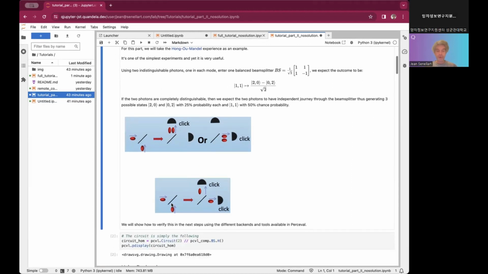If they are not indistinguishable, then you will see a click in both detectors. It is what you call a coincidence, when the photons click simultaneously on the 2 detectors.